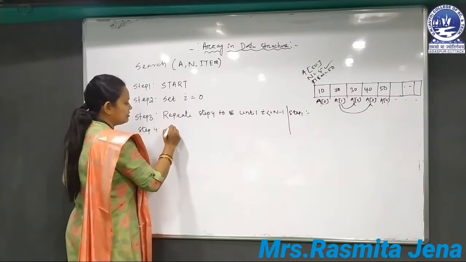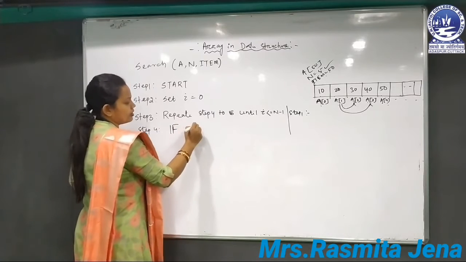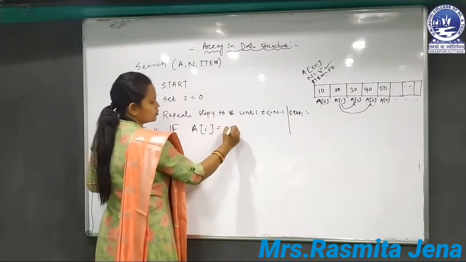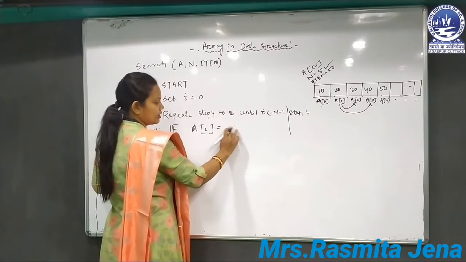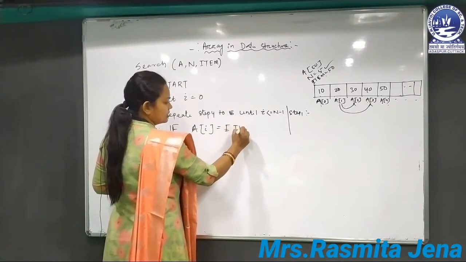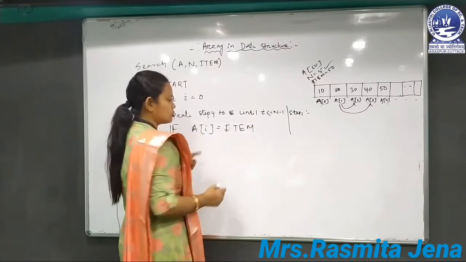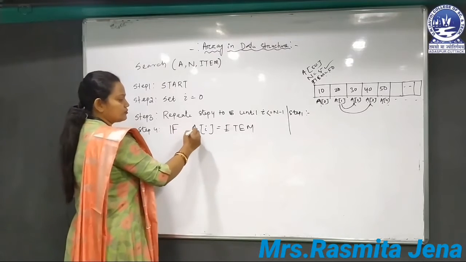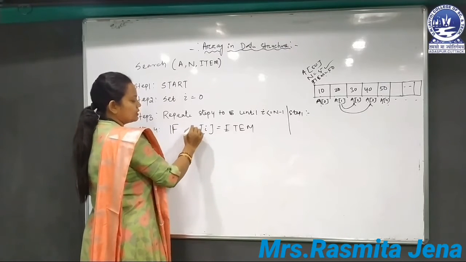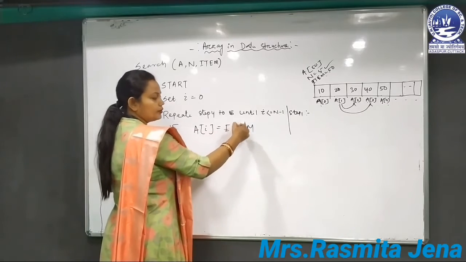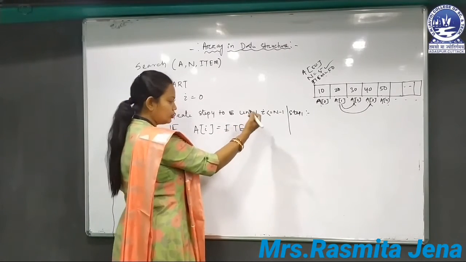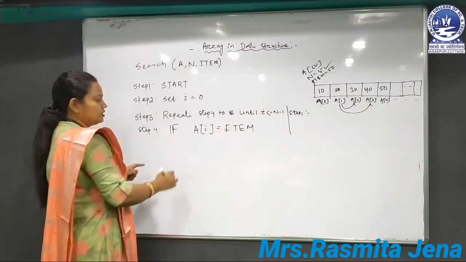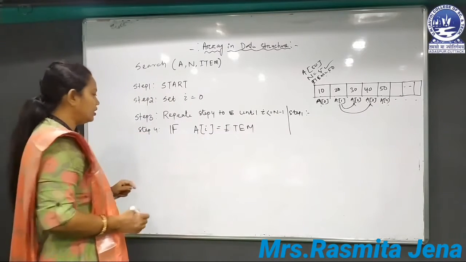So we can write if A of I equals item. In the algorithm we can write simply equals, whereas in a program we would write double equals. If it is true, then we will execute the body or block of the if statement.